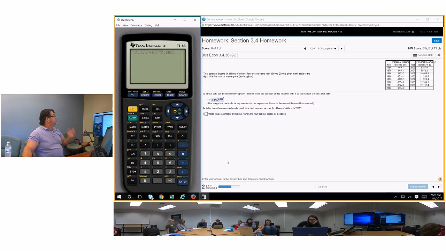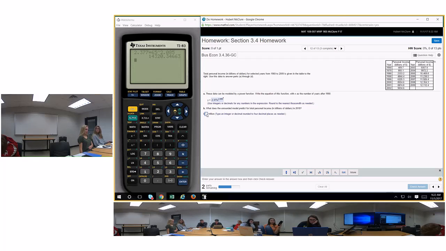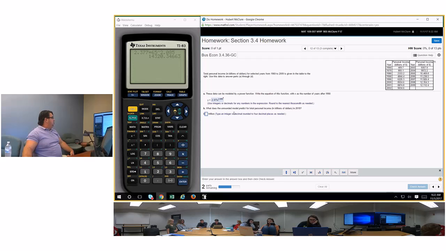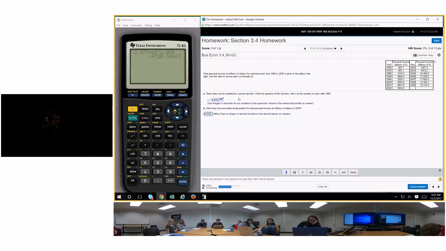Write that down. And that's 2015, and that answer is 14320.35. It says round to 4 decimal places: 14320.3466. I don't know why they want it to 4 decimal places.